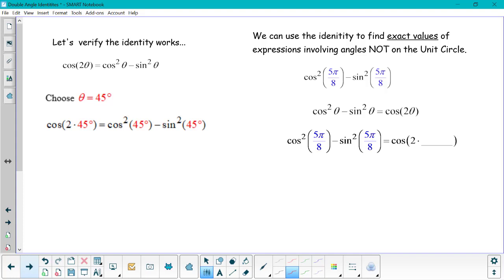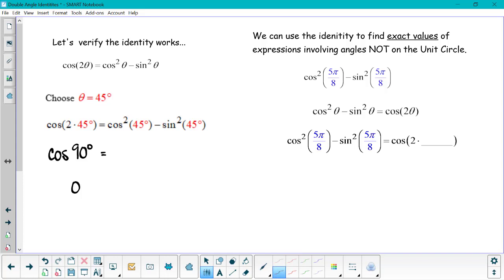All right? And I'm going to choose theta as 45 this time. So I know that the cosine of 2 times 45 degrees is the cosine of 90. And we know the cosine of 90 is 0. Okay, so when I put 45 into the right side of my identity, it should evaluate out to be the same.